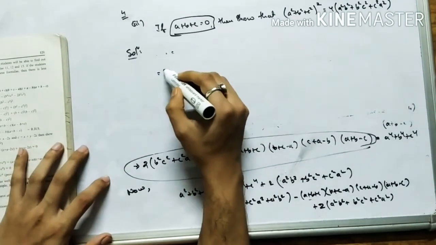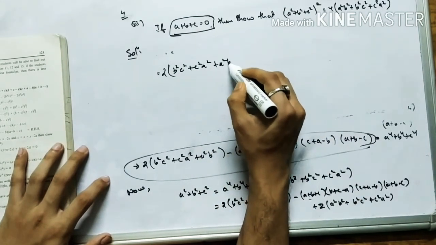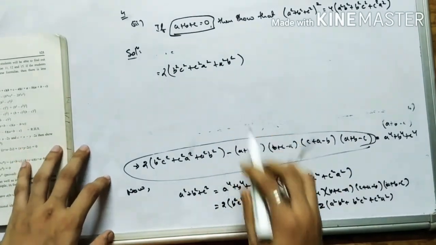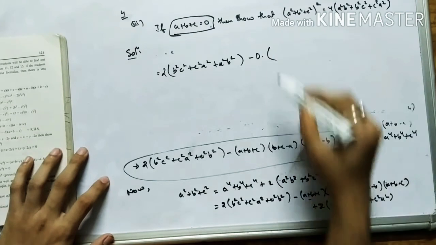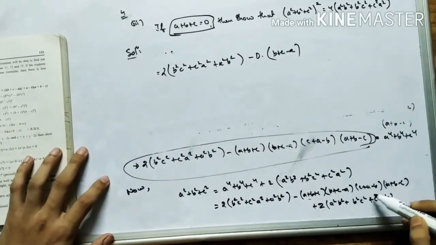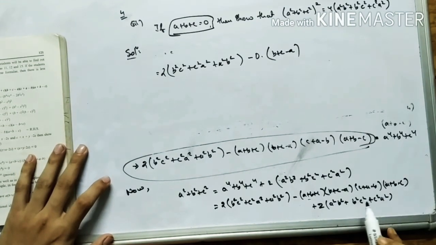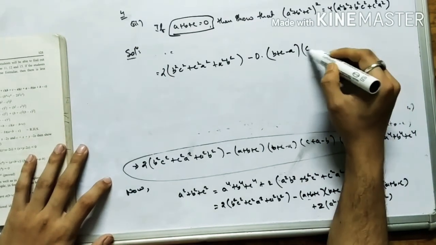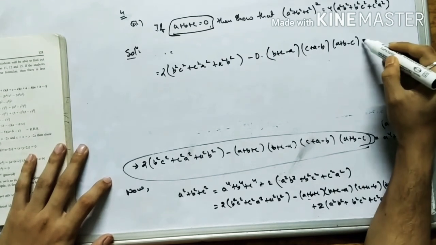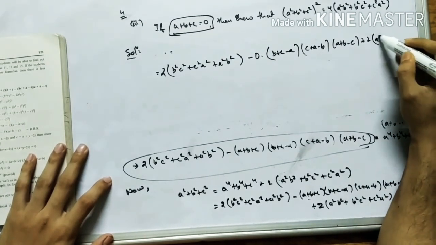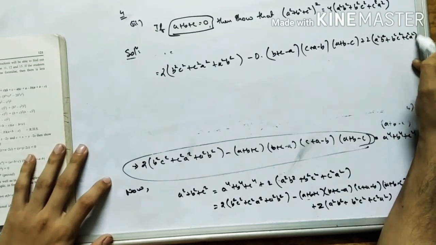So ultimately I will get twice (b square c square plus c square a square plus a square b square) minus 0 times (b plus c minus a)(c plus a minus b)(a plus b minus c), plus twice (a square b square plus b square c square plus c square a square).